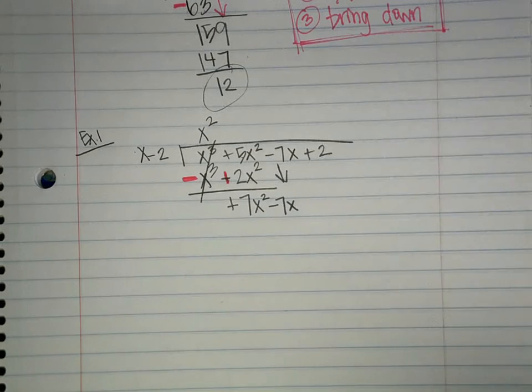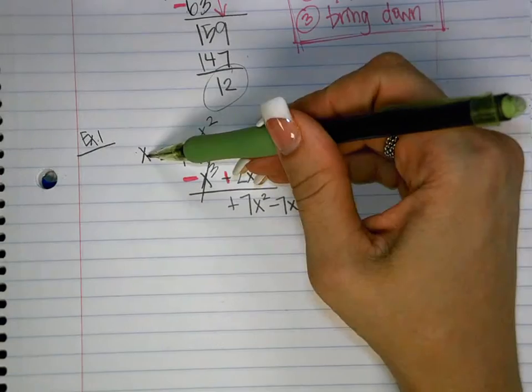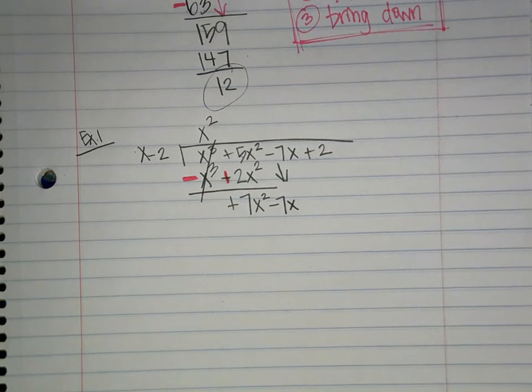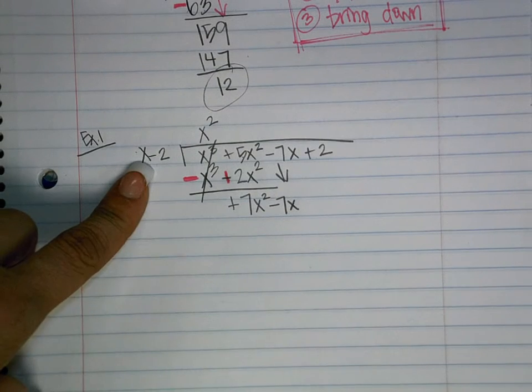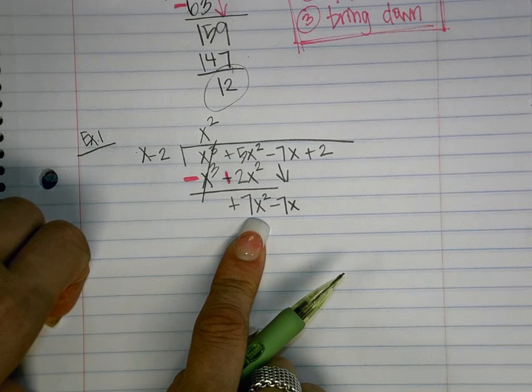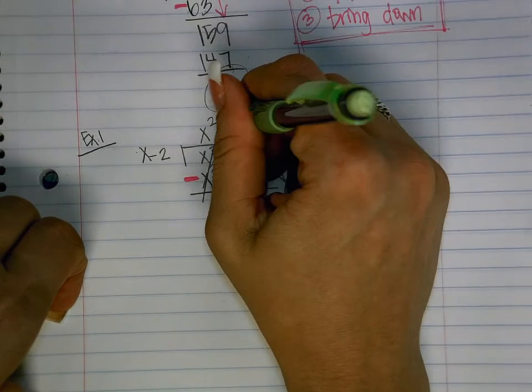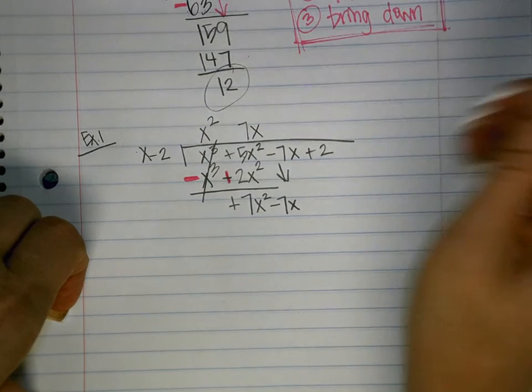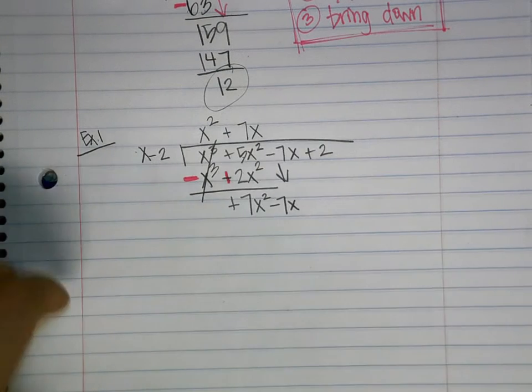Now, think in your head, what would I have to multiply by x to get to 7x squared? How would you multiply to get from x to 7x squared? By 7x. Now, do you think I can just write 7x right there? What do you think I need to do? A plus. Okay, because it is a positive.